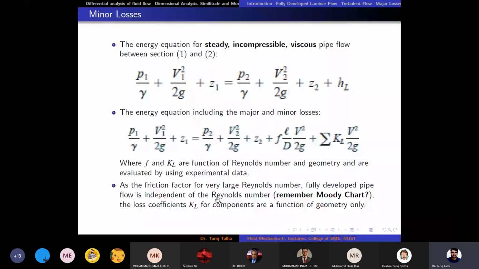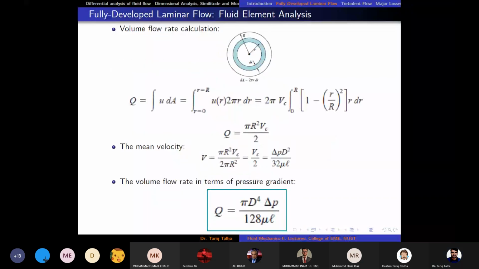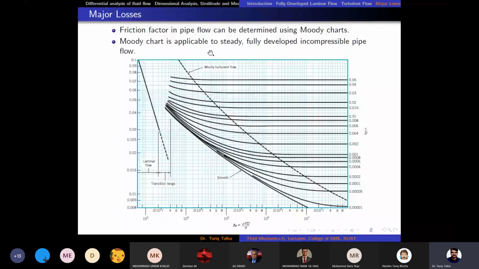How do we know that? If I go back to the Moody chart, okay, this one. There is a dashed line here on the right hand side, where the mouse cursor is.